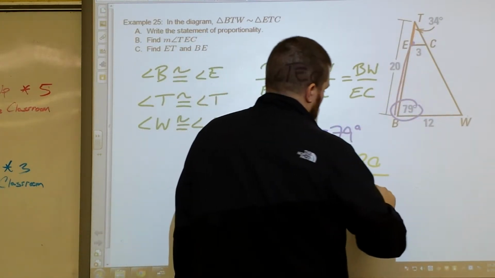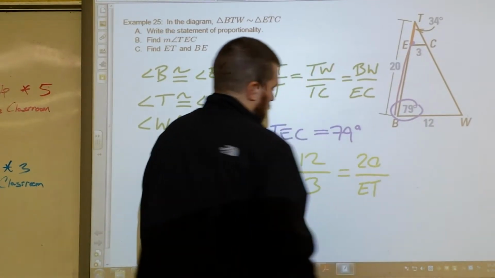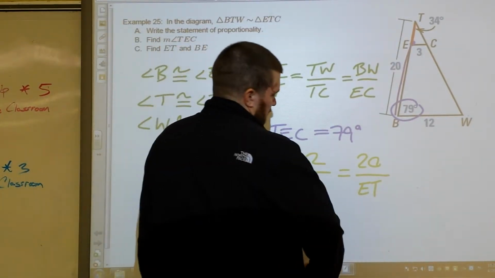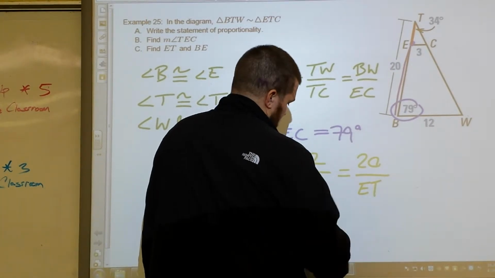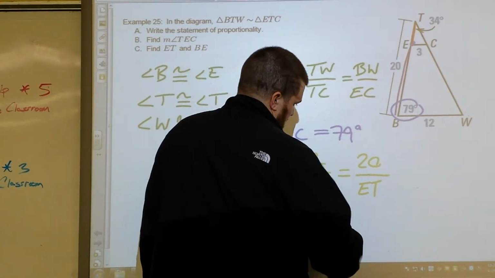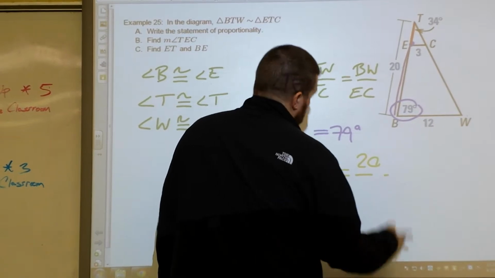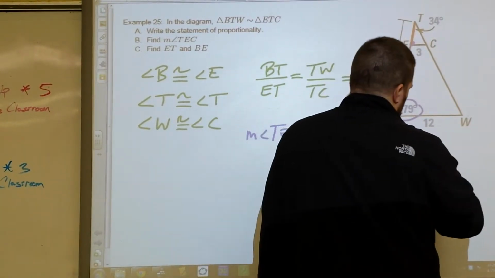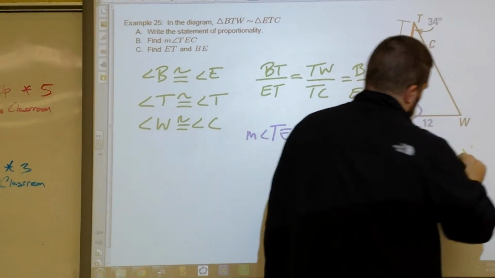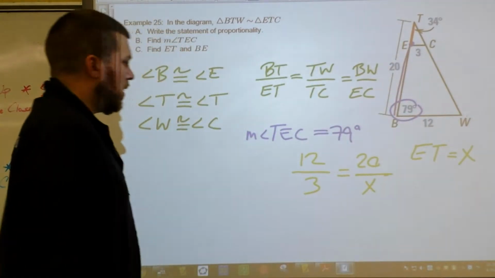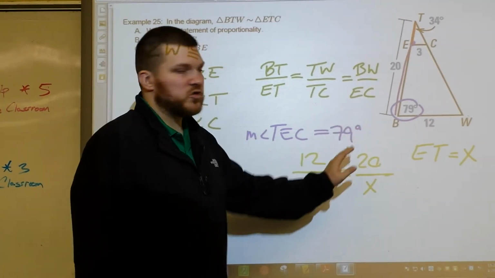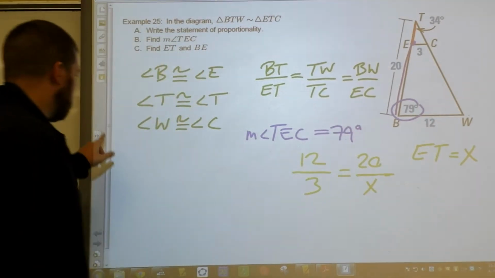Let's plug that in. ET is the missing piece that I want to find. Just to make things look a little nicer, instead of ET, I'm going to say that's equal to X. So again, ET is X. That's what I'm solving for. I have my proportions set up now, so I'm going to flip each fraction because my variable is on the bottom.